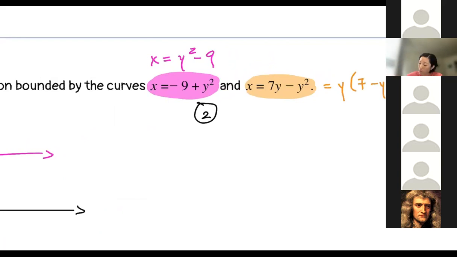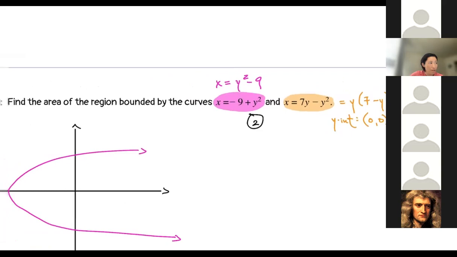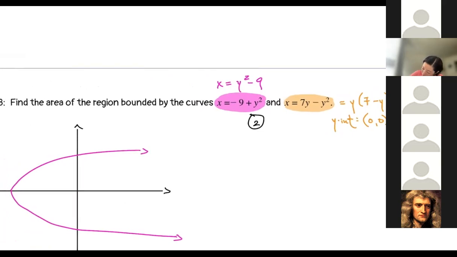Rather, we might notice that the y-intercepts, because it's a sideways parabola, are (0, 0) and (0, 7). So if I were to graph these on here, I might have (0, 0) and (0, 7).